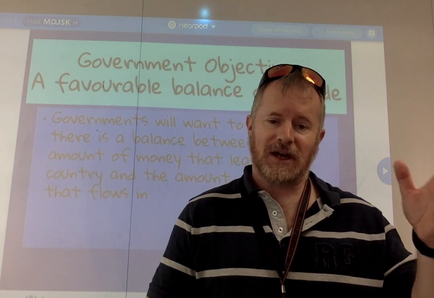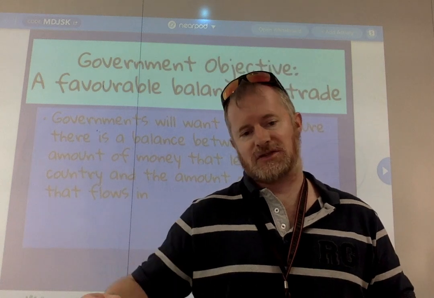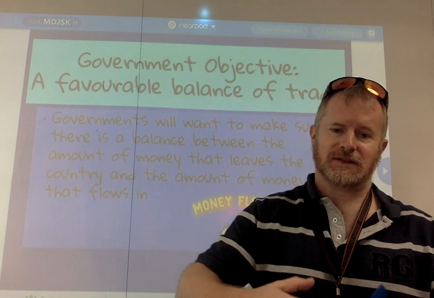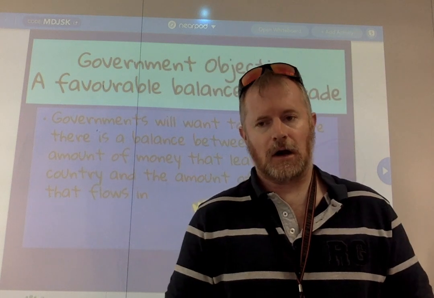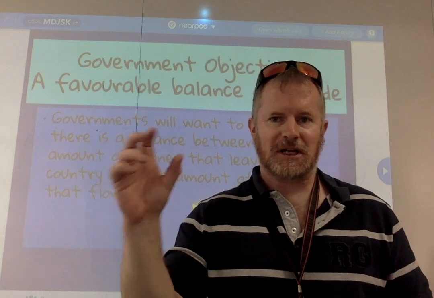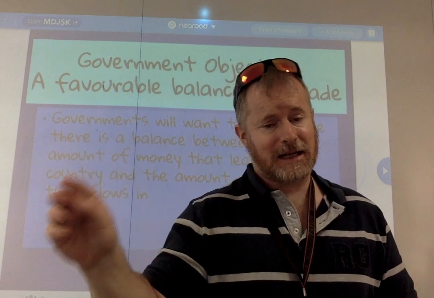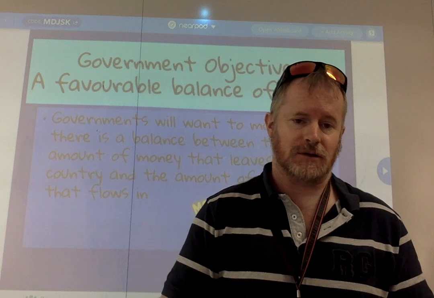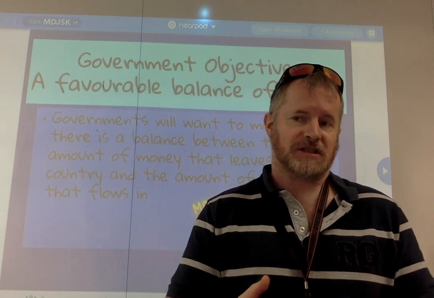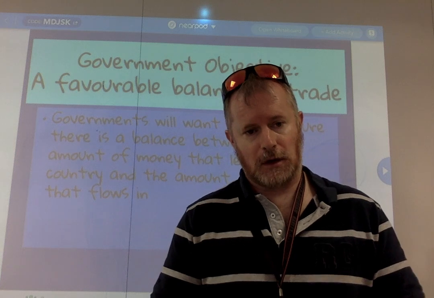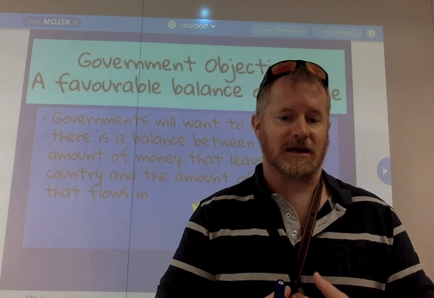This is the idea of a favourable balance of trade. It's not specific. It's vague, right? It's not like there's an unemployment number or an inflation number that we can target and say that's the number we want to get to. There is no number. It's just that for the government, we want it to be favourable. We want it to benefit us.